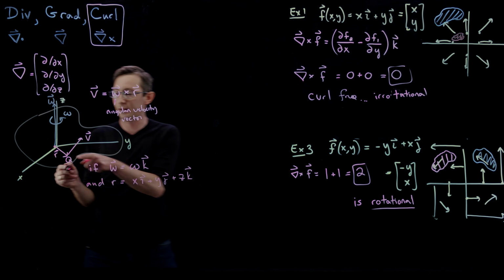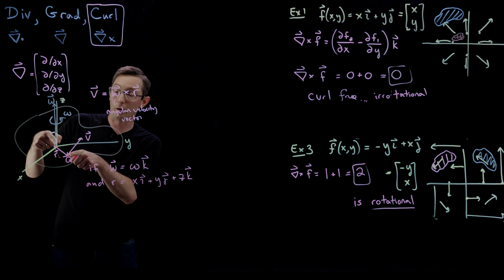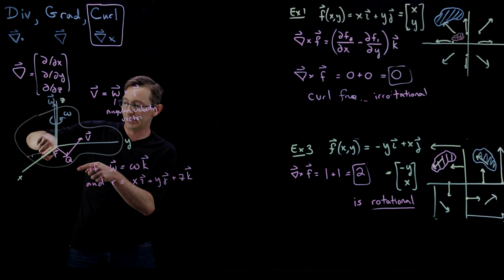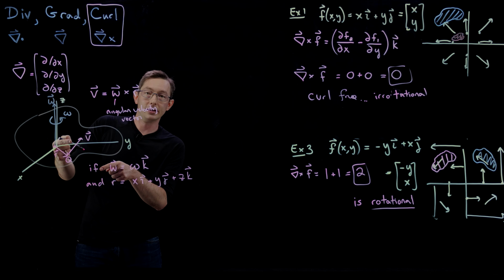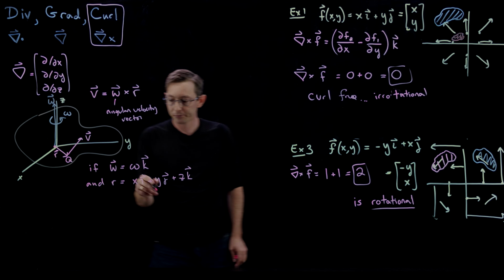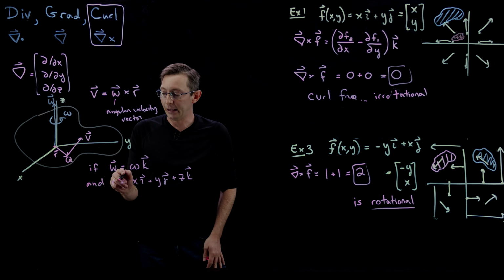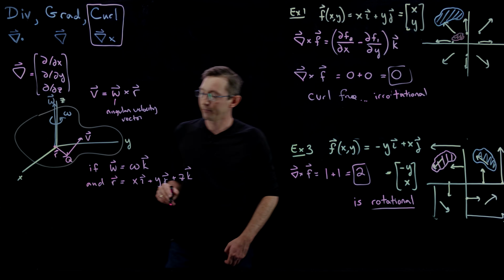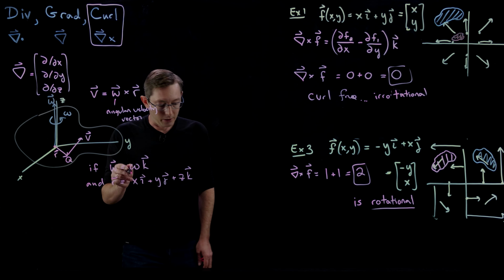That's just how we specify the x, y, and z coordinates of this point Q. I'll take x steps in the i direction, y steps in the j direction, and z steps in the k direction. That defines Q. Then I can compute this v by taking the cross product of these two things.